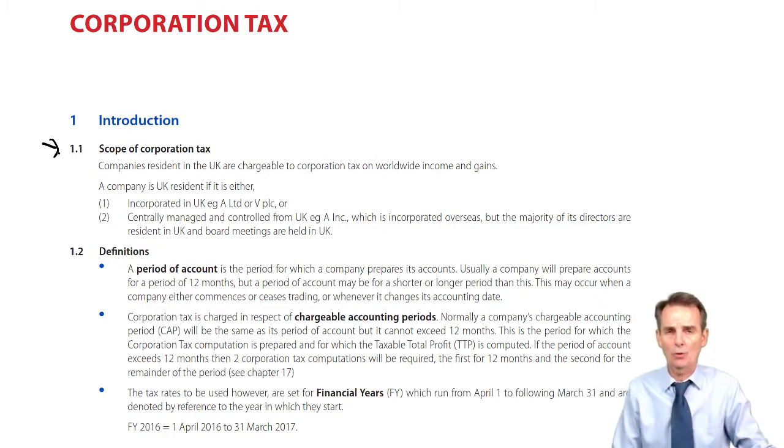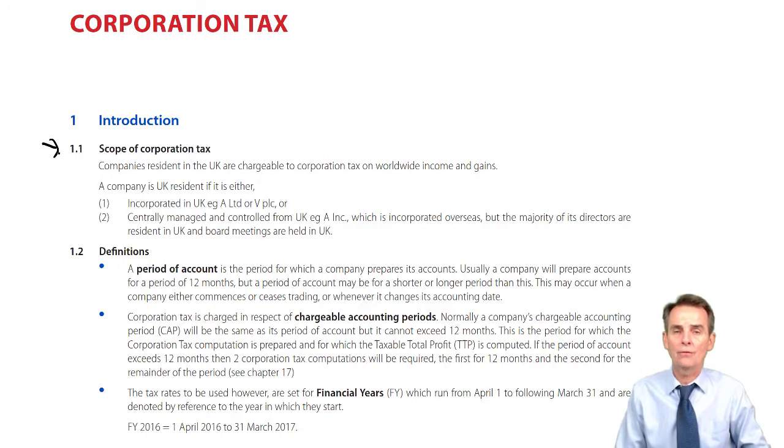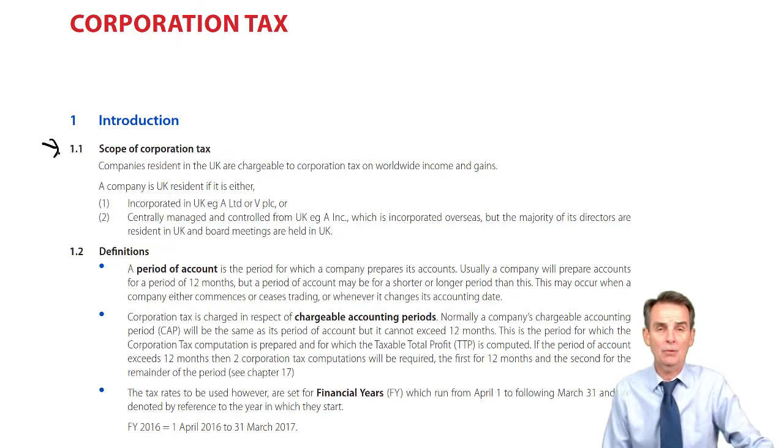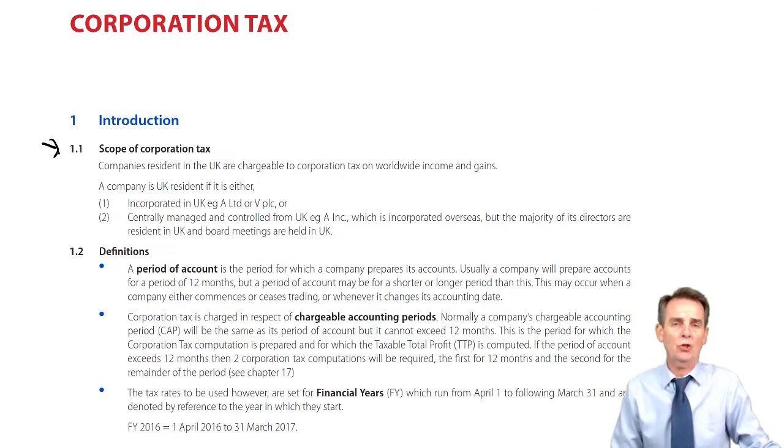And that taxable total profit is a combination of their worldwide taxable income and taxable gains. There's a slightly different method of calculating the chargeable gain, an extra step that wasn't involved in terms of individuals that we made reference to at the beginning of our studies of CGT, but we'll see that in later chapters within the corporate tax area.